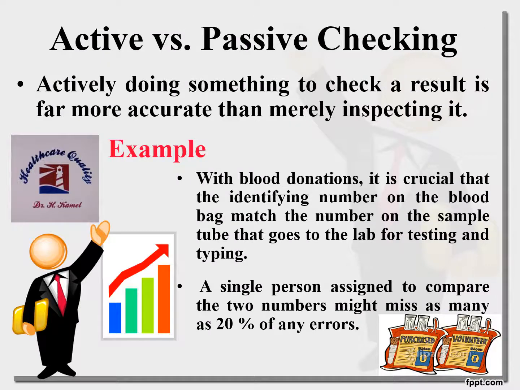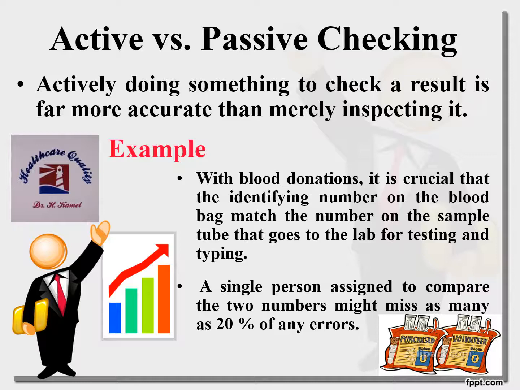Active versus passive checking. Actively doing something to check a result is far more accurate than merely inspecting it. For example, with blood donations, it's crucial that the identifying number on the blood bag matches the number on the sample tube that goes to the lab for testing and typing.